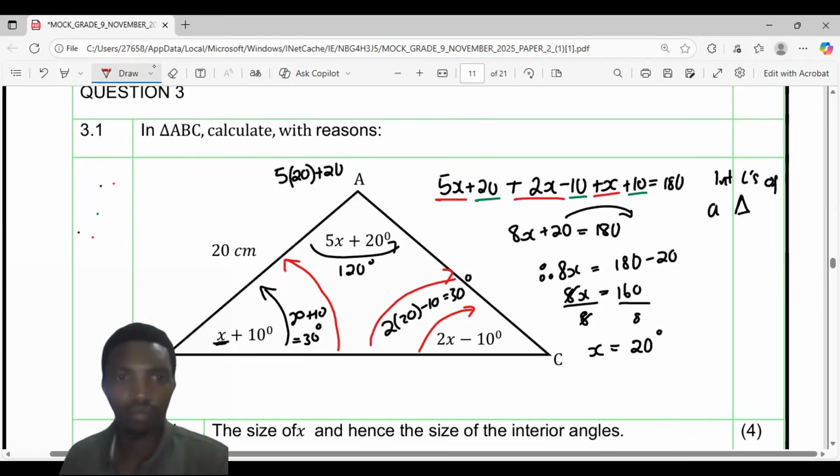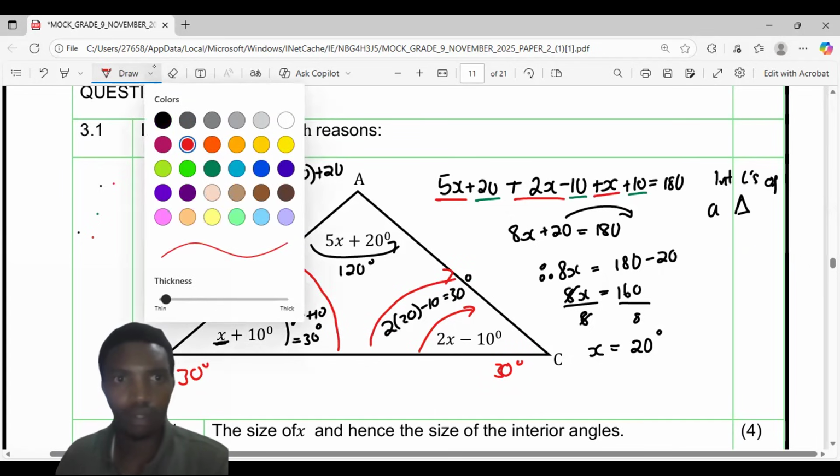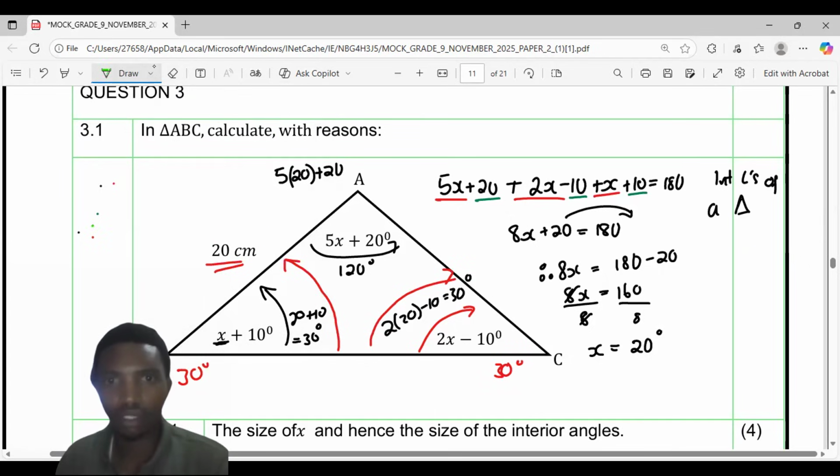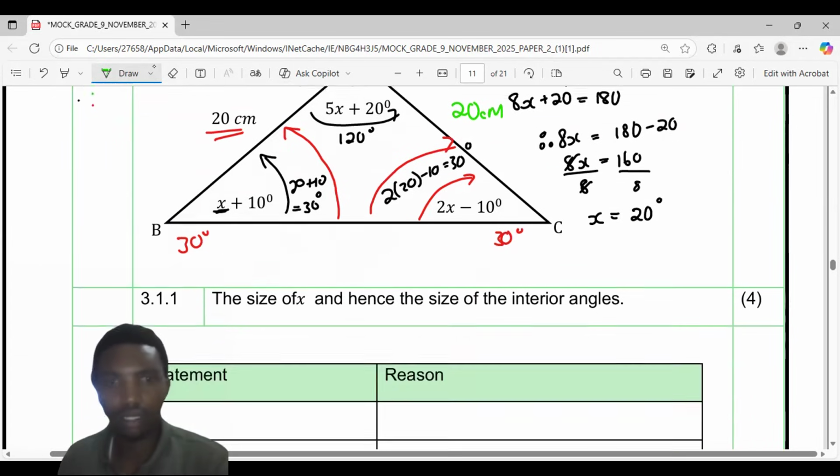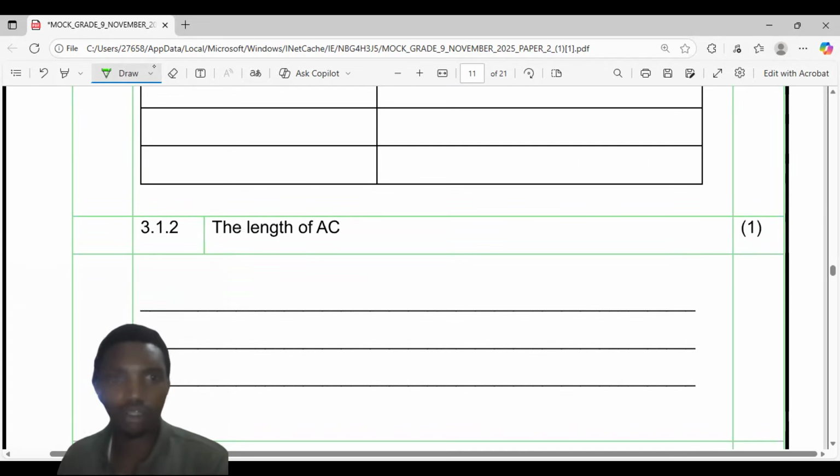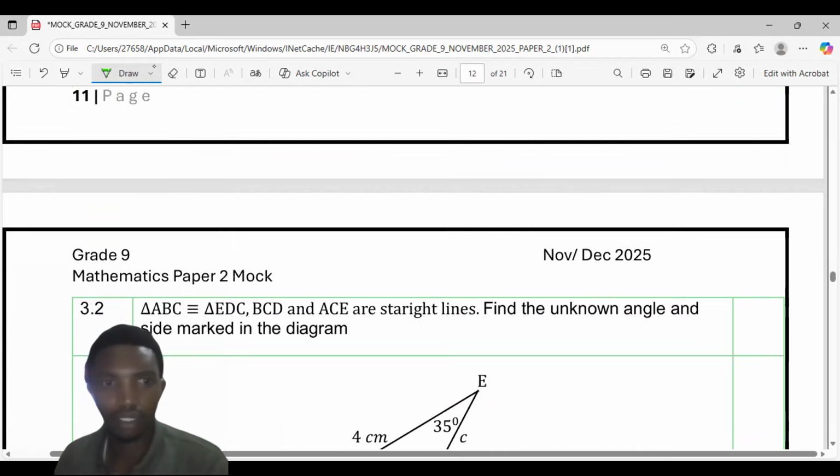Meaning if this angle is 30 degrees and that angle is also 30 degrees, it means that if this side here is 20, this side is also going to be 20, because they are isosceles triangle. But let's quickly check. They said the length of AC, we got it, which is 20. The length of that.